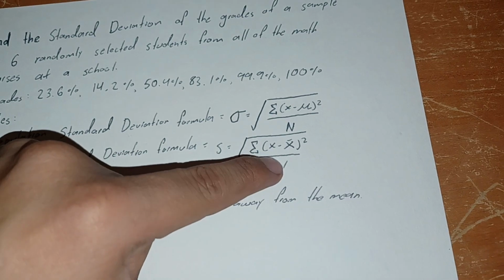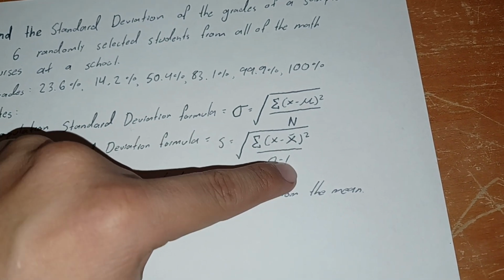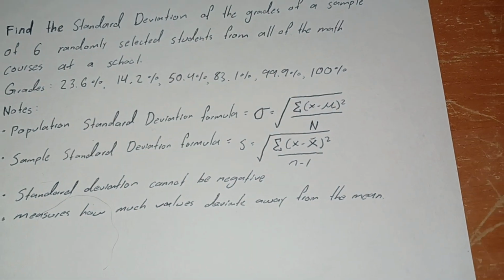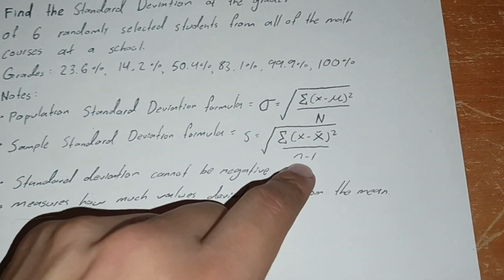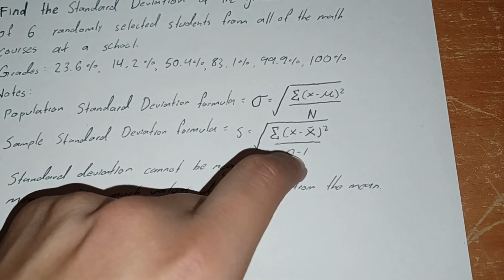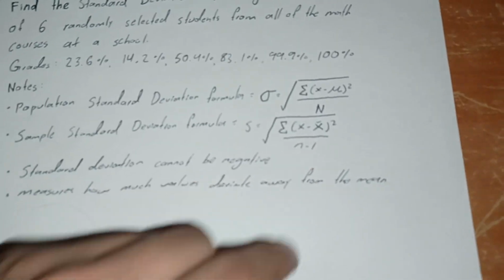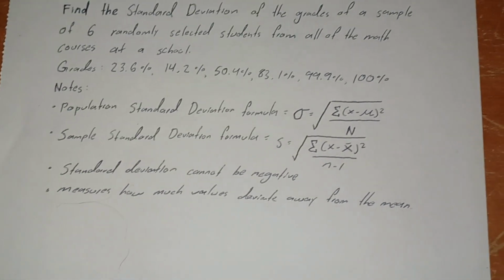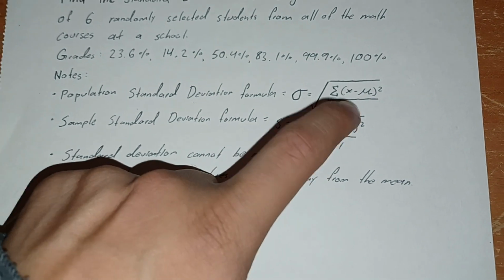Then you square what you get, and divide by n minus 1. This is lowercase n, which is your sample size, so you're going to subtract 1 from your sample size, and then square root it all. That is the sample standard deviation formula, the one we are going to use today. They're very similar to each other, but today we're going to use this formula.